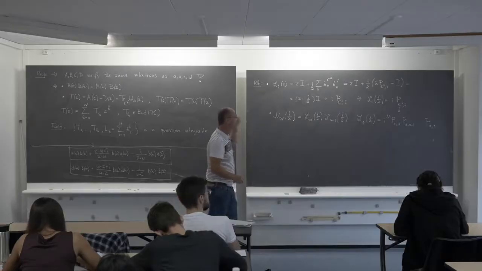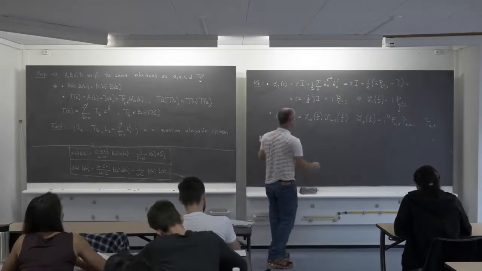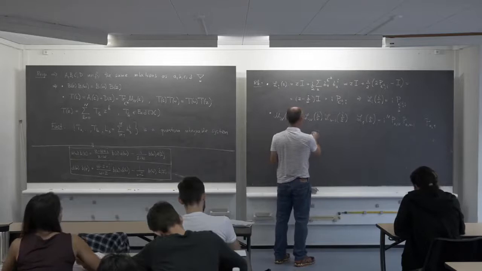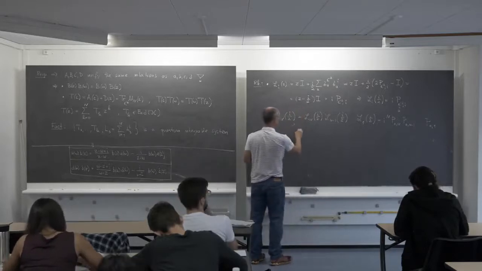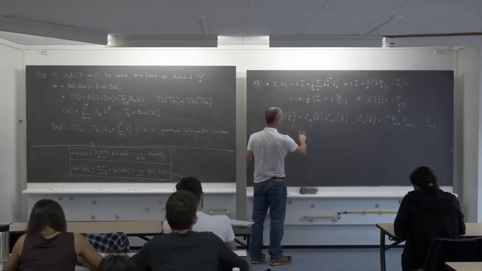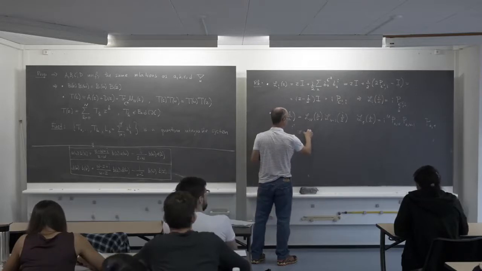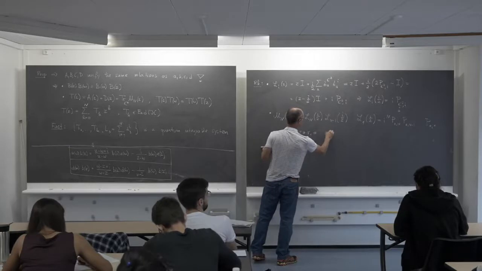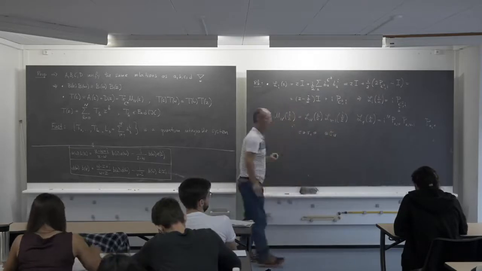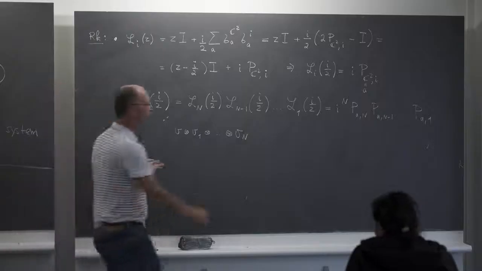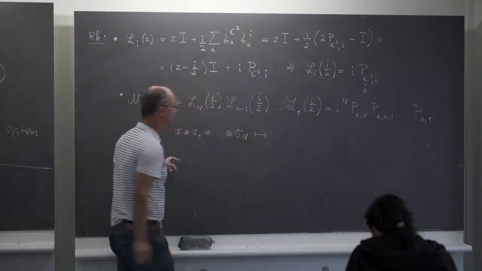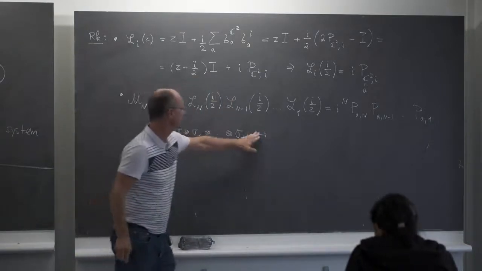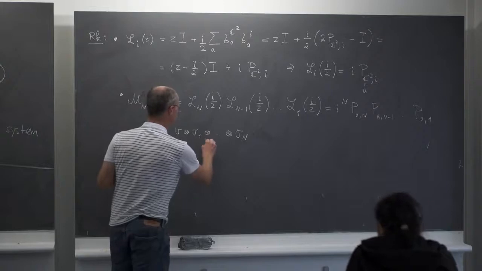So let's see how it acts on a typical vector. Let's say we have a vector which is equal to v in the auxiliary space times v_1 in the first one, and so on, times v_n in the n-th space. So what's going to happen? I first apply, maybe I will act vertically.